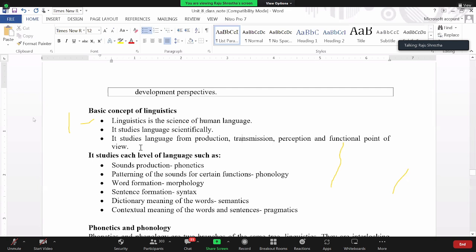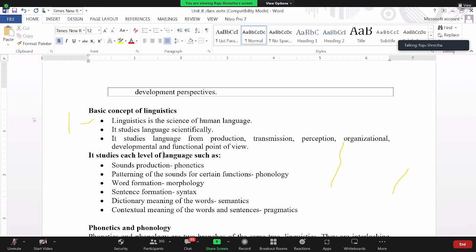So from production, transmission, perception, organizational, and developmental. Yes. So developmental and functional perspective.